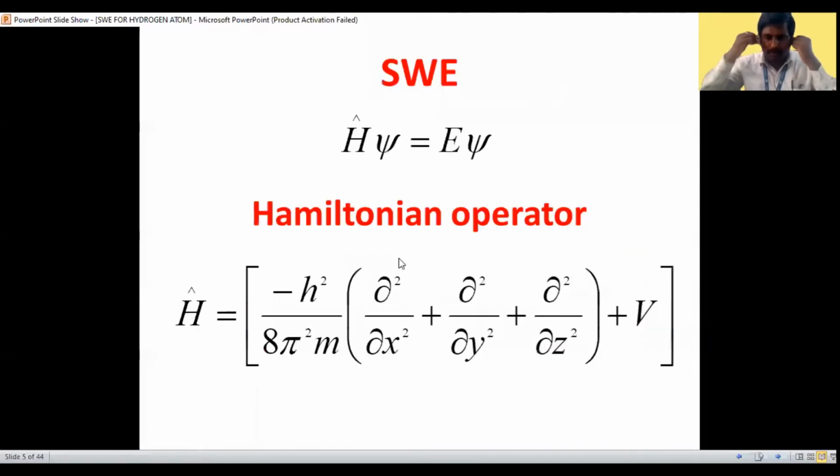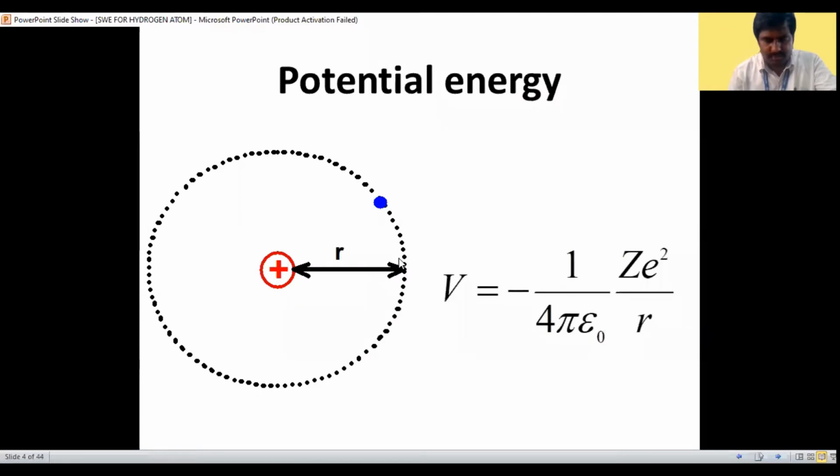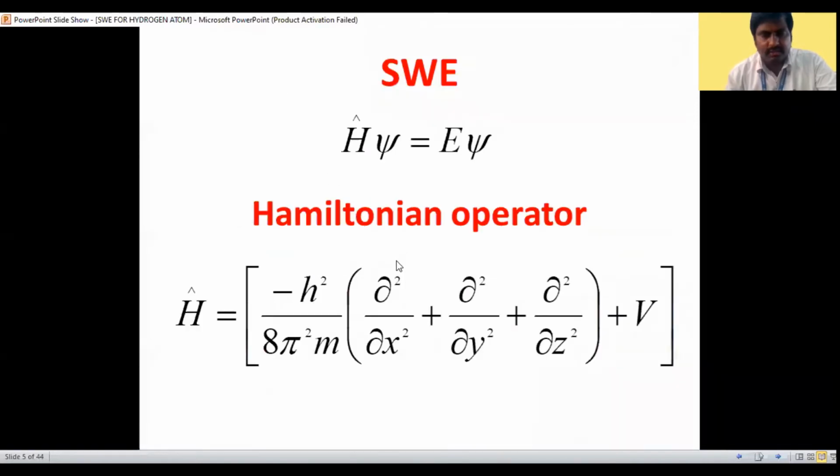Now if you apply Coulomb's law here, you get the potential energy equal to 1 by 4 pi epsilon naught into Ze square by r. This is the potential energy.